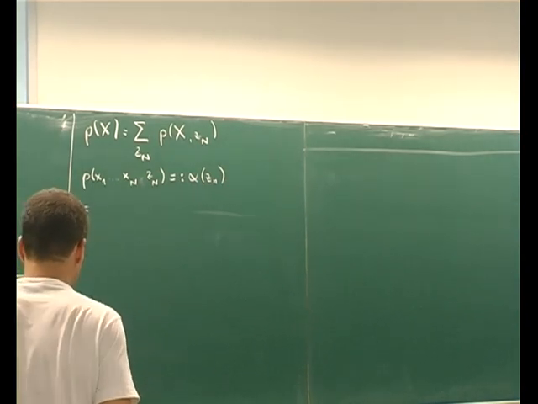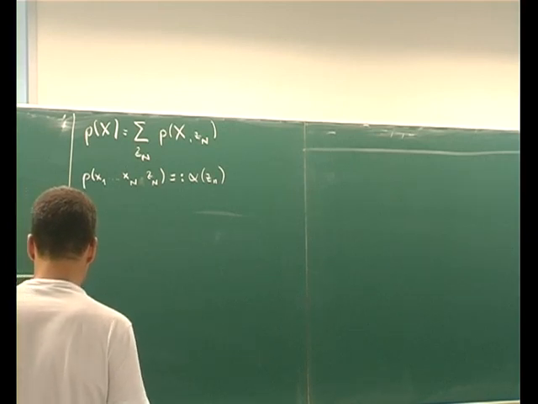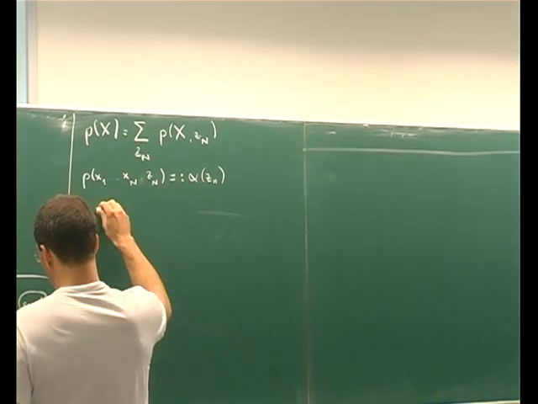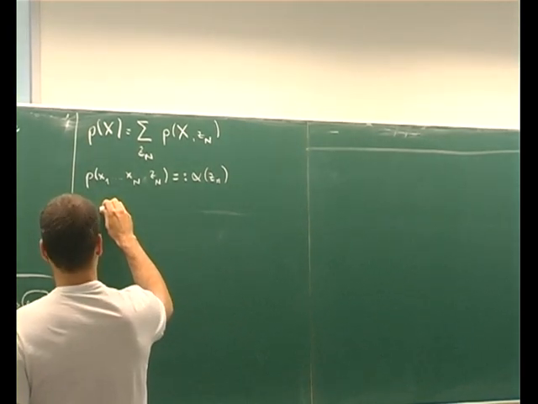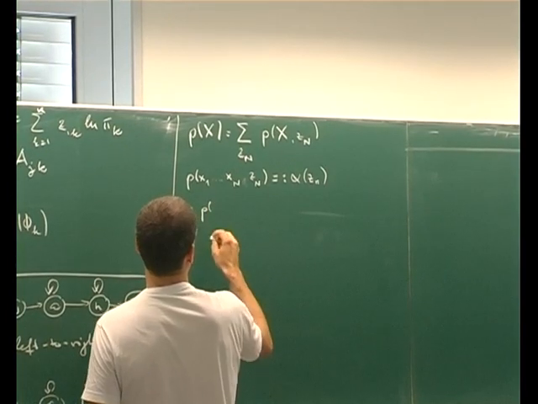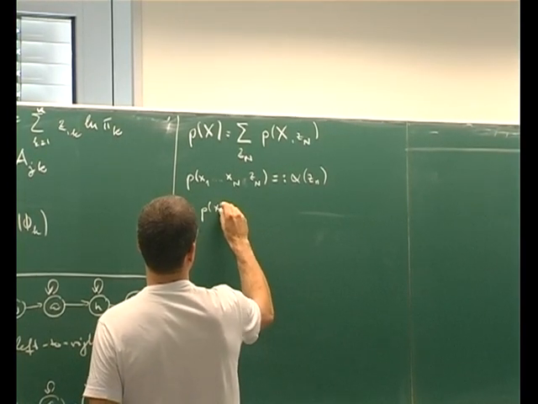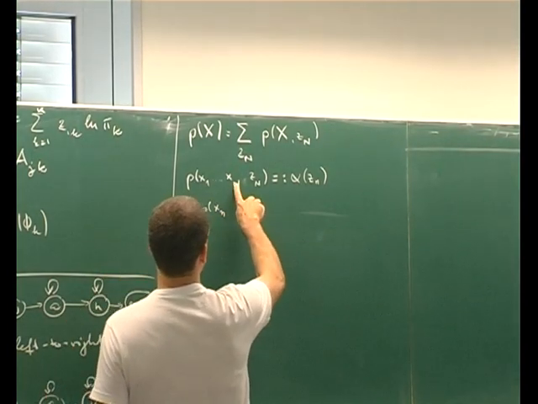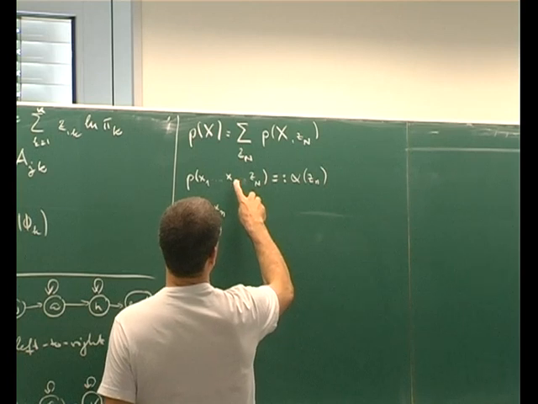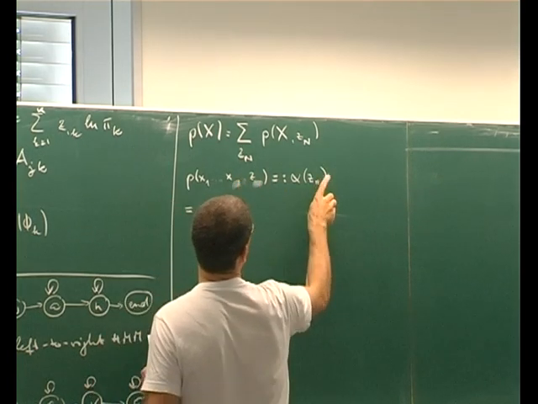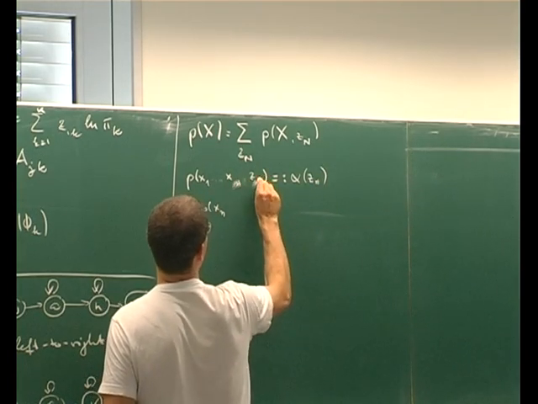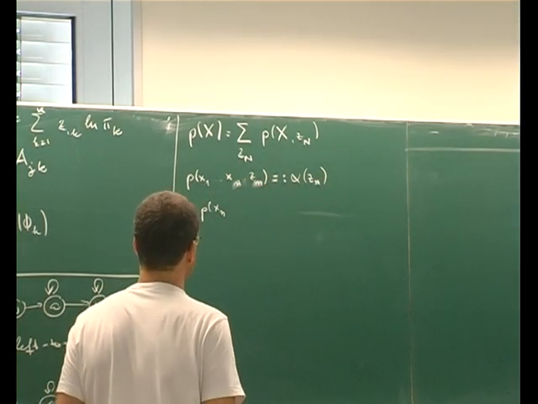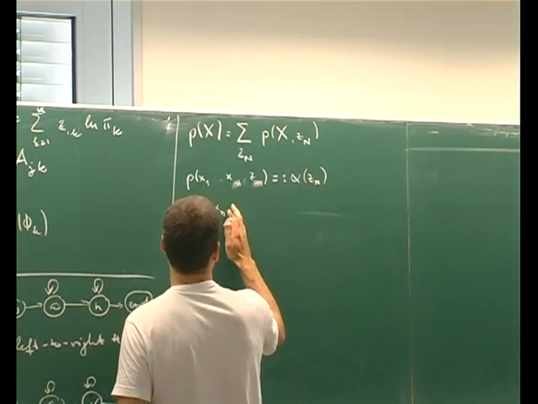And now we can use these conditional independencies. Sorry, I'm not doing this for the final n now, but for any n, so this should be just a small n. So any n and not just the final one. Okay.